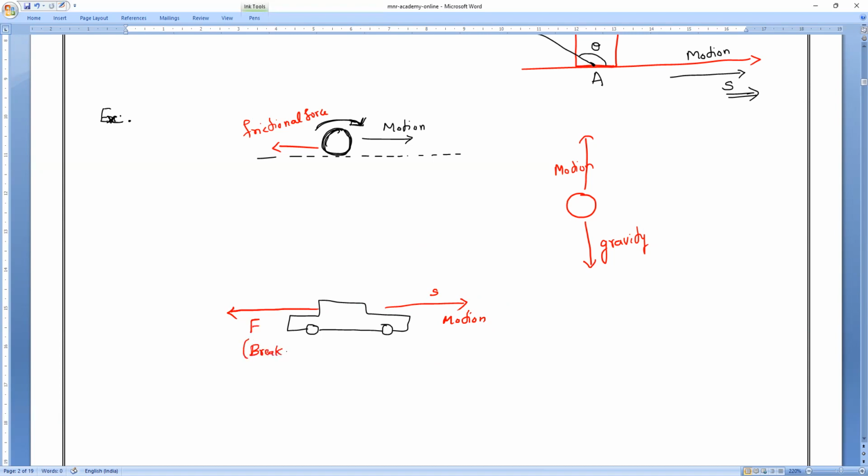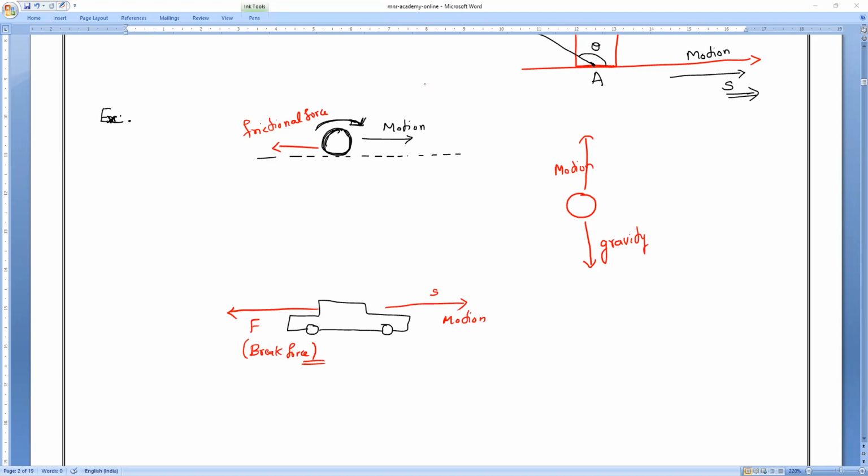That force we call the brake force. Am I right? So brakes are applied on a moving vehicle, and the work done by the brake force, that is what you have to remember.